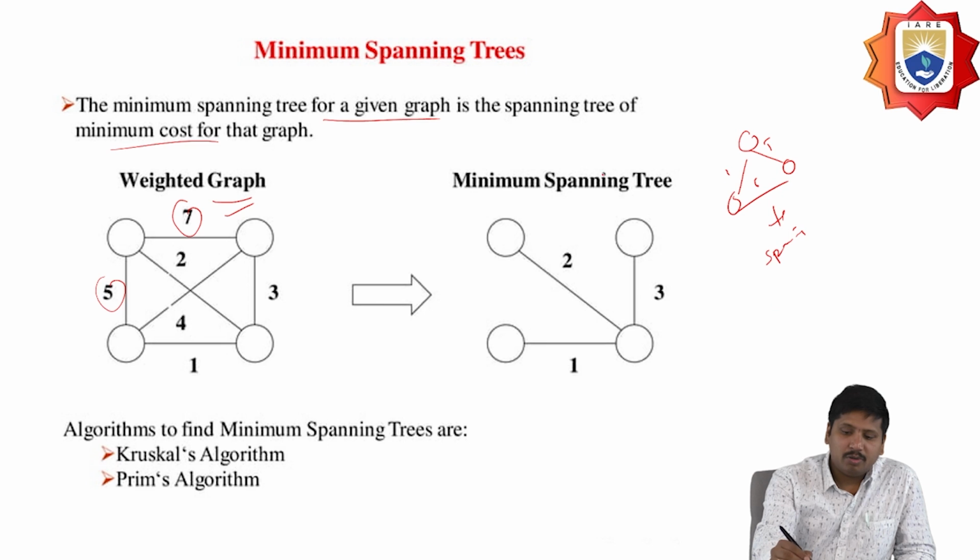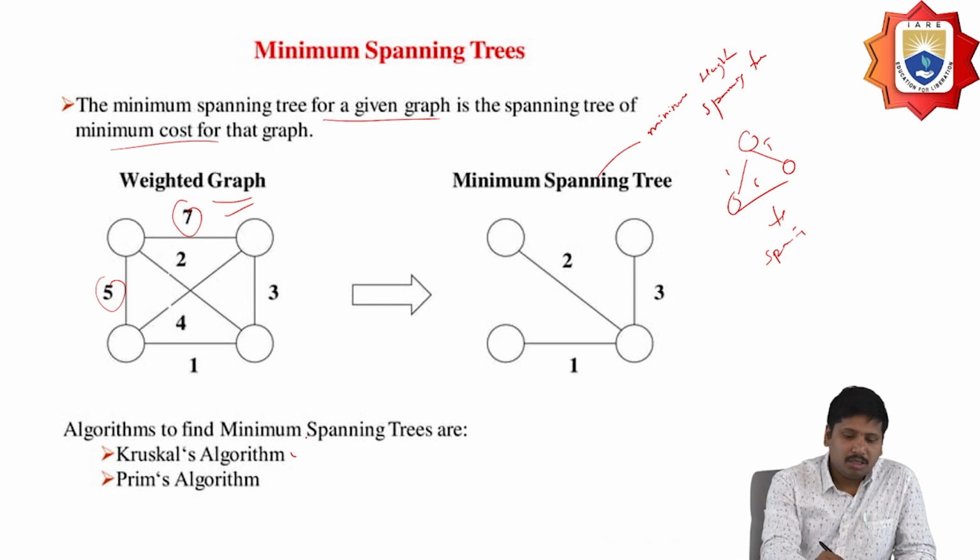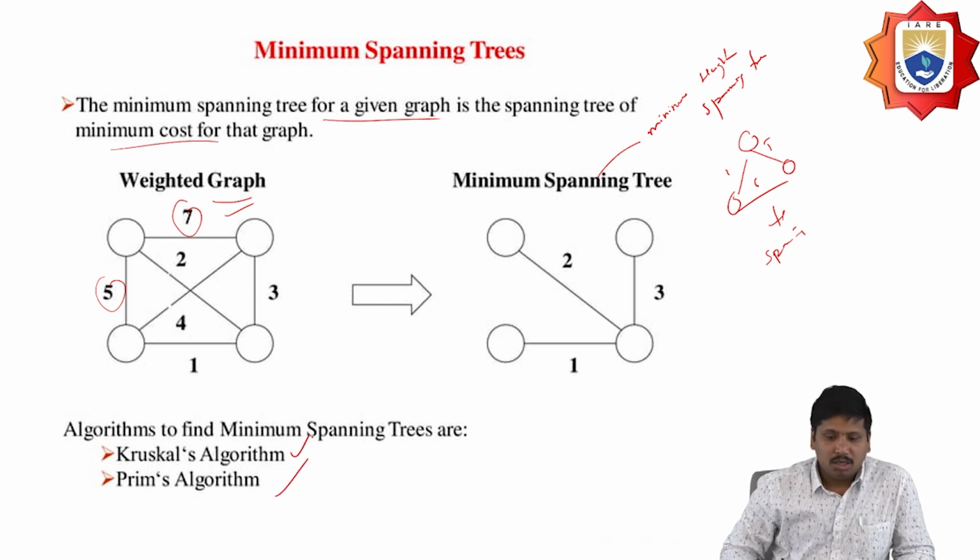Then I can call it a minimum weight spanning tree. And the algorithms for this will be Prim's algorithm and then Kruskal's algorithm.